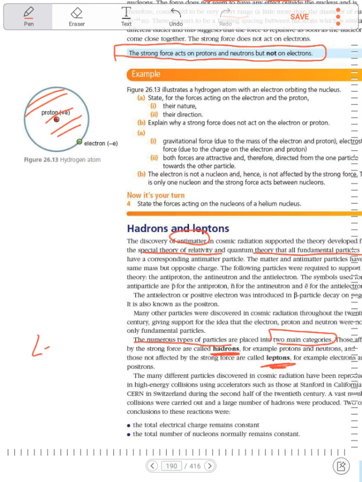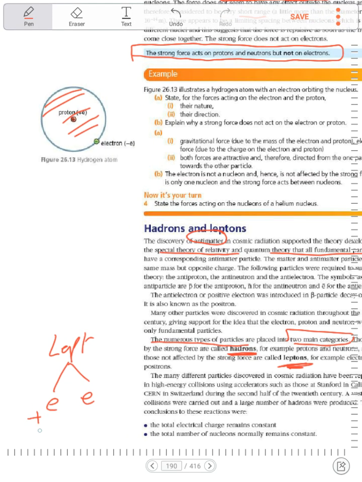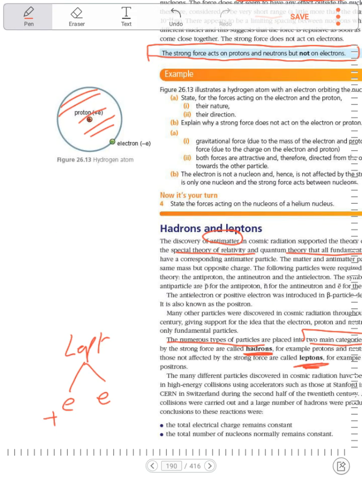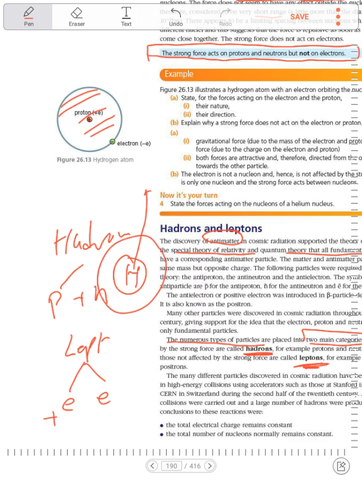So we have leptons, which are electron and positron, and hadrons, which are protons and neutrons. Inside the nucleus, hadrons; outside the nucleus, leptons.